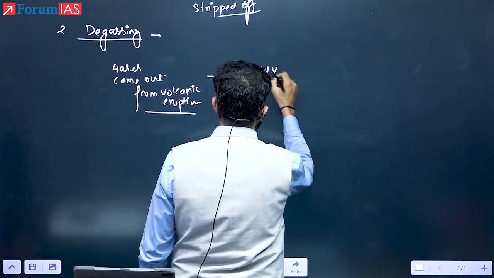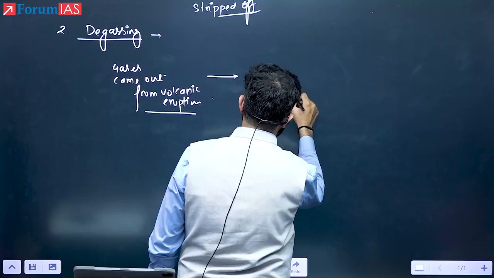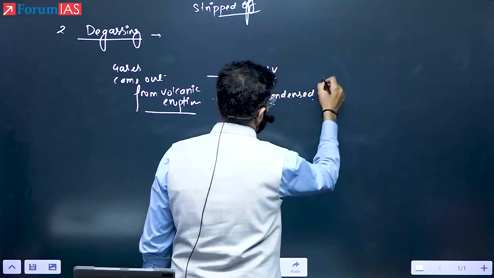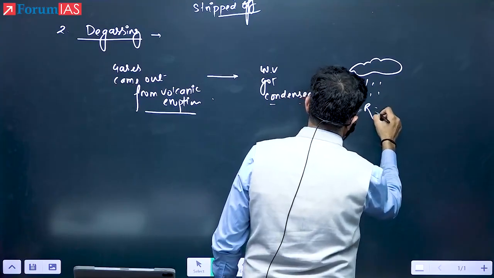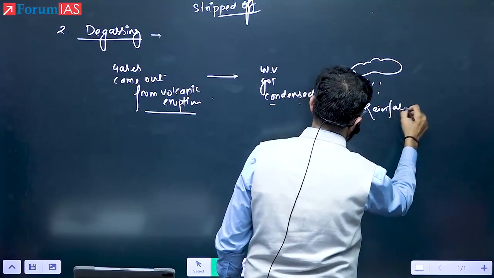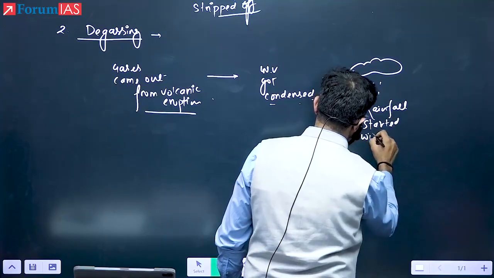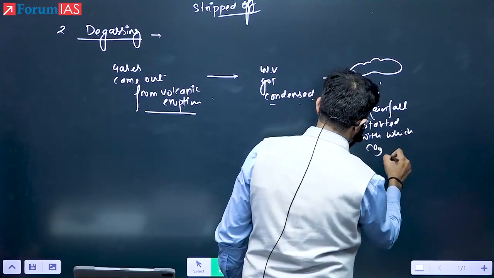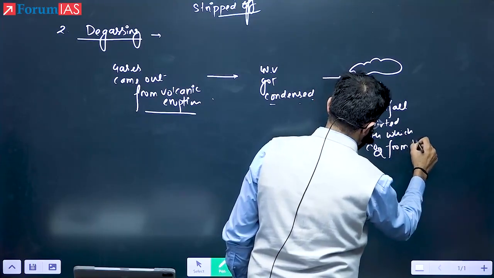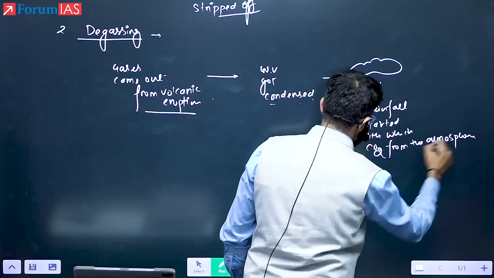The water vapor got condensed and the rainfall started, with which CO2 from the atmosphere was also washed away.